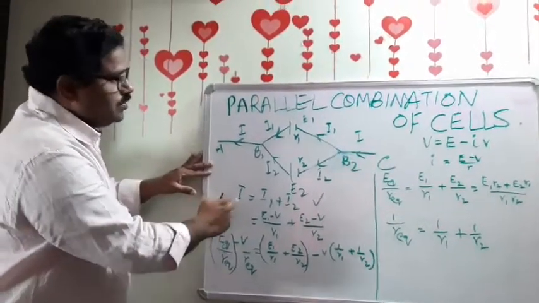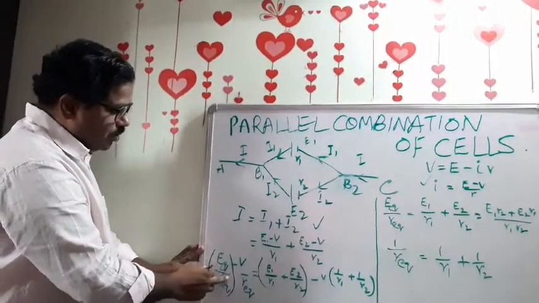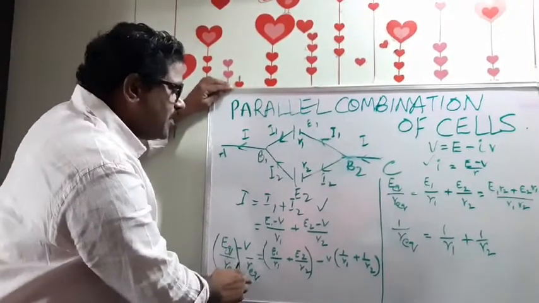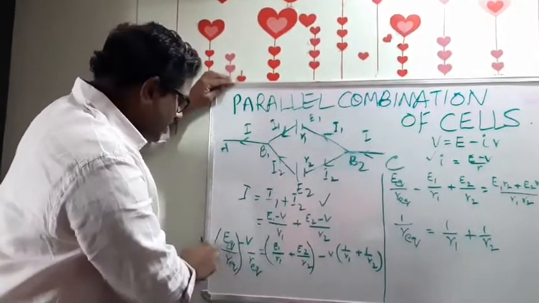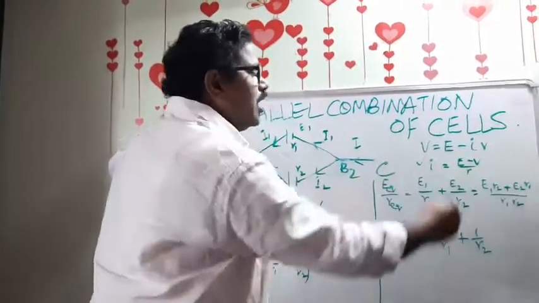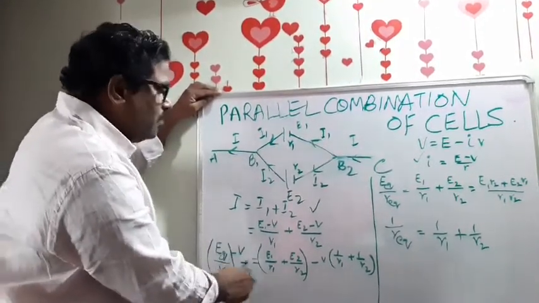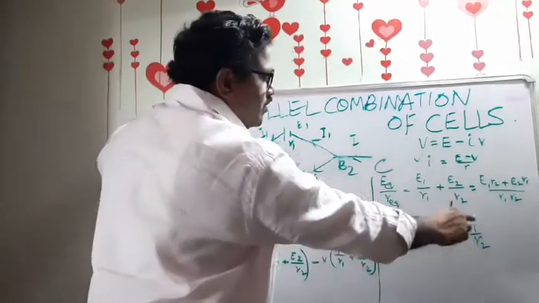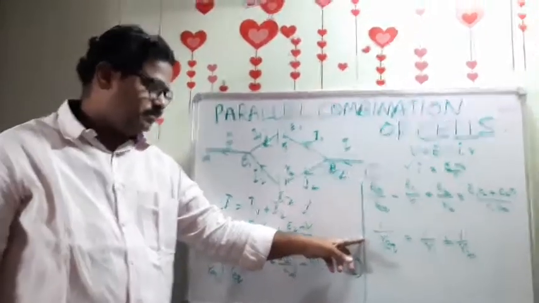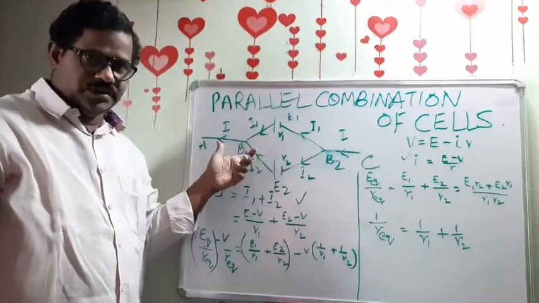Now this I, using the formula, is E equivalent by R equivalent minus V by R equivalent. After comparing, E equivalent by R equivalent gives E1 by R1 plus E2 by R2, which is E1 R2 plus E2 R1 by R1 R2, and then 1 by R equivalent equals 1 by R1 plus 1 by R2. These are the two results we come across when we discuss the parallel combination of cells.